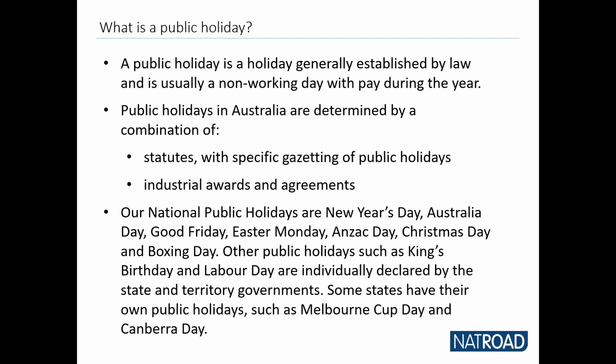These include New Year's Day, Australia Day, Good Friday, Easter Monday, Anzac Day, Christmas Day, and Boxing Day. There are other public holidays such as the King's Birthday and Labor Day, but they're generally individually declared and gazetted by state and territory governments. And then we also have some public holidays specific to states and territories, such as Melbourne Cup or Canberra Day.